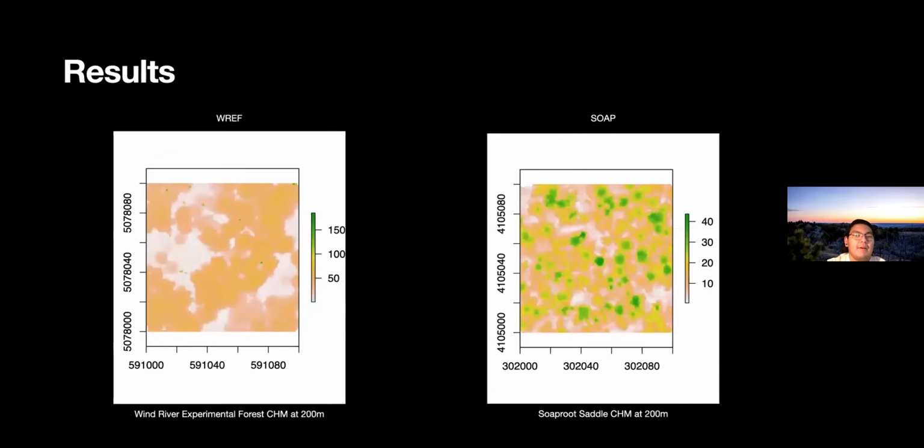And so here are another two plots that we did, and you can see them from the top. The Soaproot is really spread out, whereas the Wind River is kind of all clumped there, and you just have these certain areas where there's no points, or it's most likely bare earth.